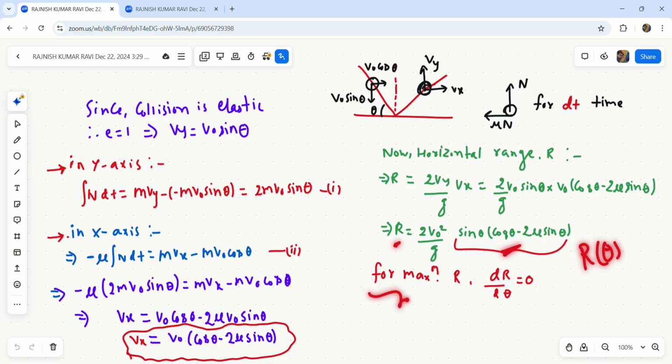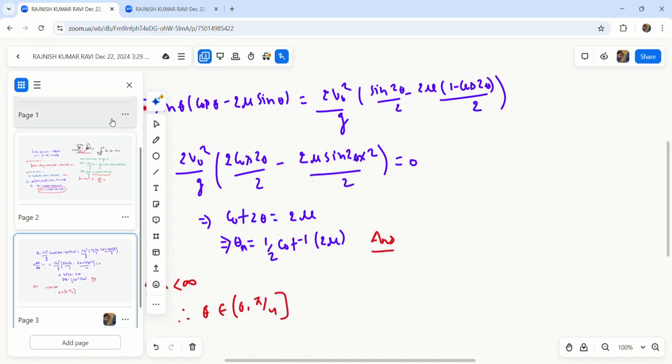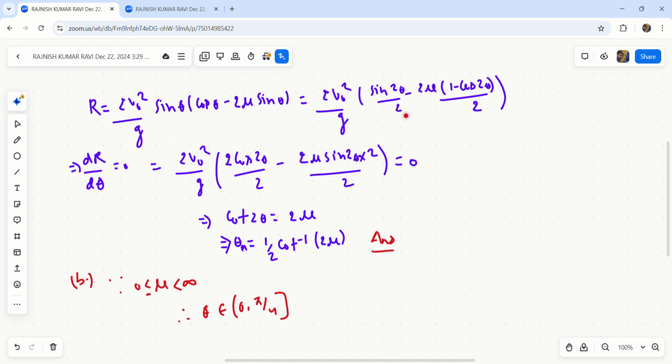So if we have to maximize the value of the horizontal range, we will differentiate it with respect to theta and equate it with 0. We have the expression of R in terms of theta.